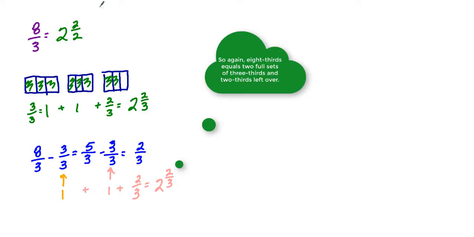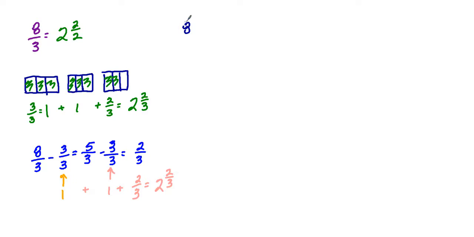All right, let's try that division algorithm and see if it gives us the same answer. If we take our 8 and we divide it by 3, 3 goes into 8 twice, that's 6. We have 2 left over. Now the important thing to remember is that this 2 right here on top, that's the whole number part.